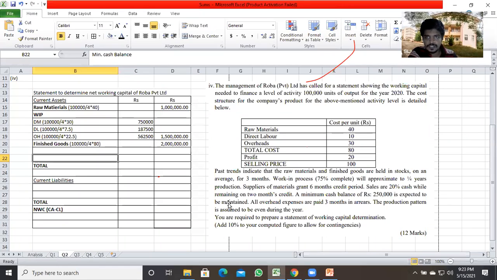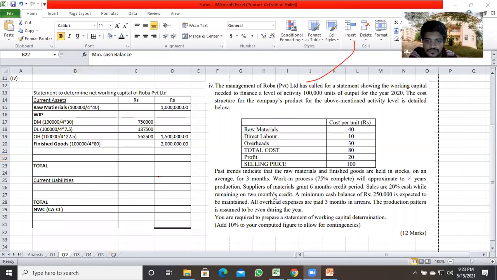What do we do with sales? Yes, one part we have already identified: 100,000 units multiplied by 100. Then divide the sales. Yes, Oshada, your answer is correct.